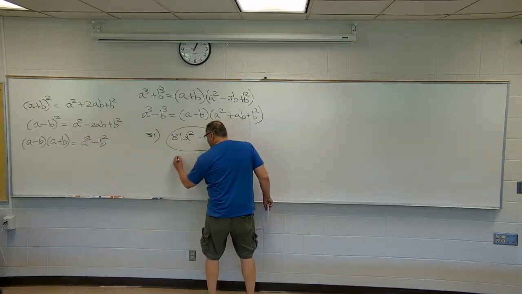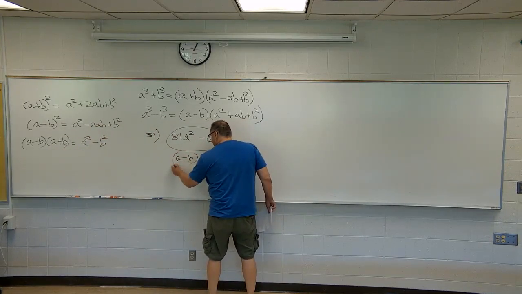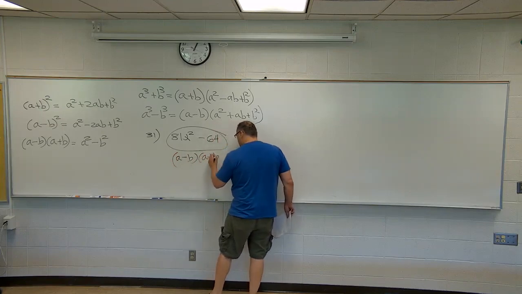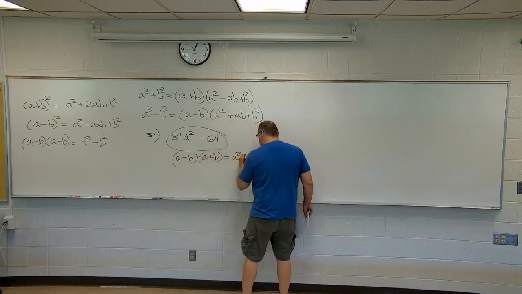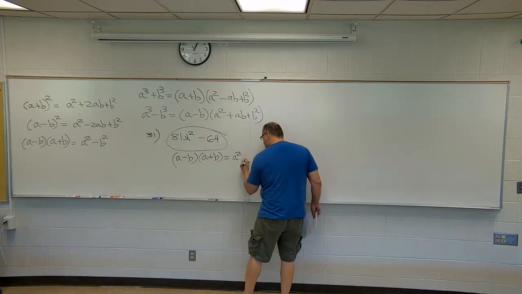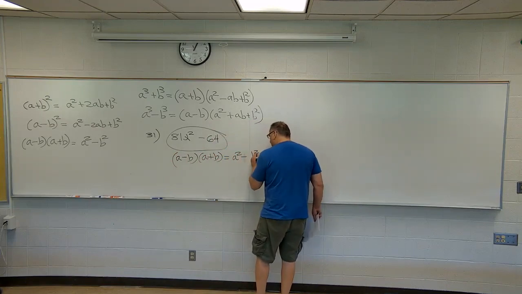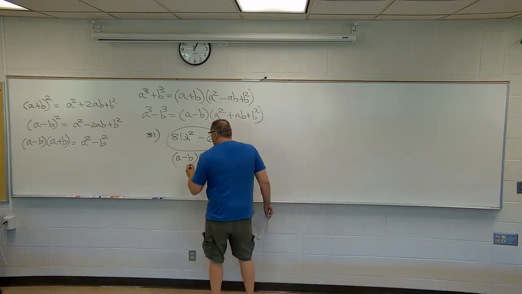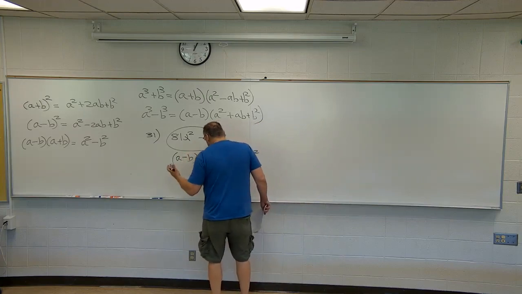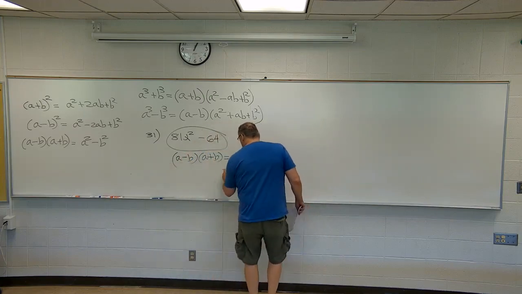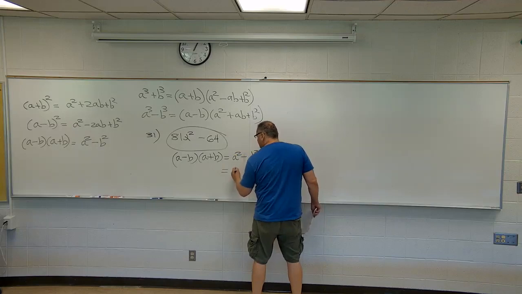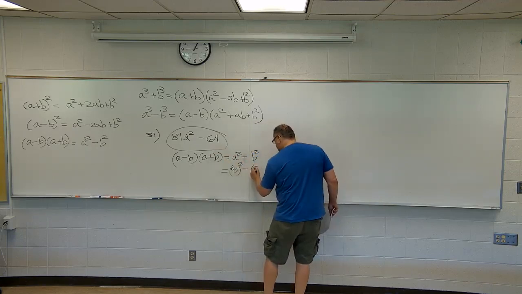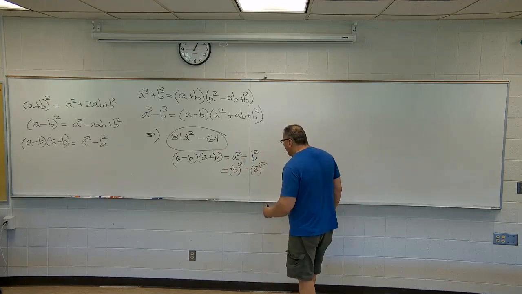Well, I already know that the quantity a minus b times the quantity a plus b is a squared minus b squared. Okay, sure, so what? Big deal. Well, I'll tell you what. 81x squared is the same as the quantity 9x squared. 64 is the same as the quantity 8 squared.